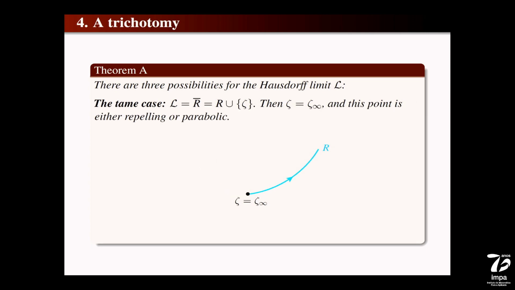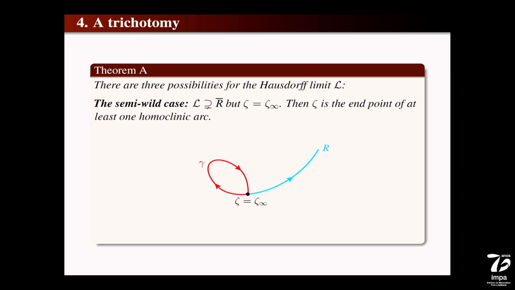So in the tame case, nothing interesting happens. Zeta and zeta infinity are the same, and L has no extra decorations. That is, for example, when zeta is repelling. But in general, in the tame case, zeta could be repelling or parabolic. Both of them can happen.